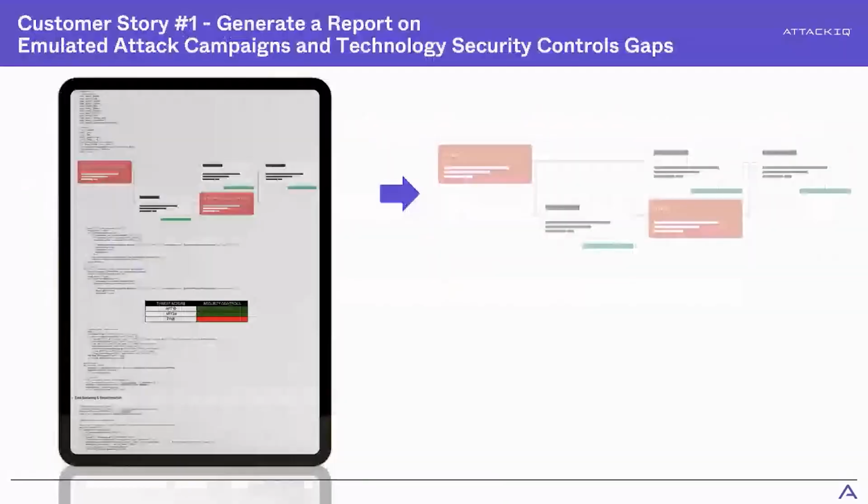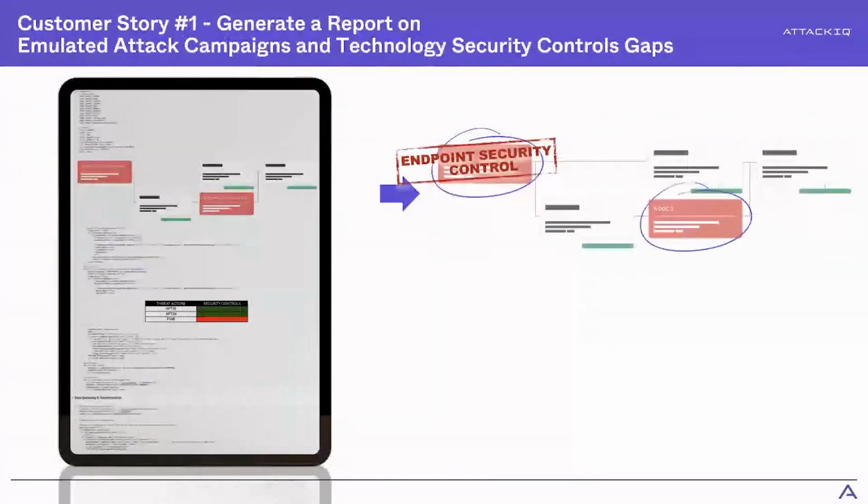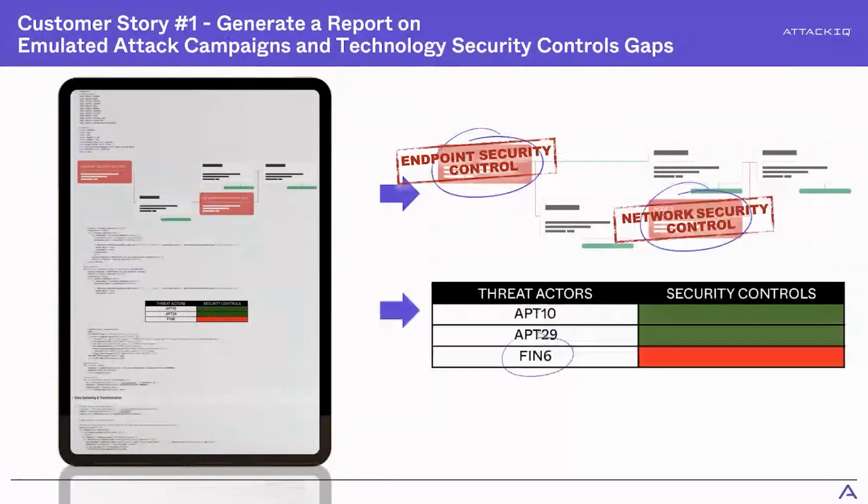All right, so let's talk about customer story number one. This particular customer wanted to use part of AttackIQ's capability in looking at attack campaigns. In particular, they were concerned with certain threat actors: APT10, APT29, and FIN6.